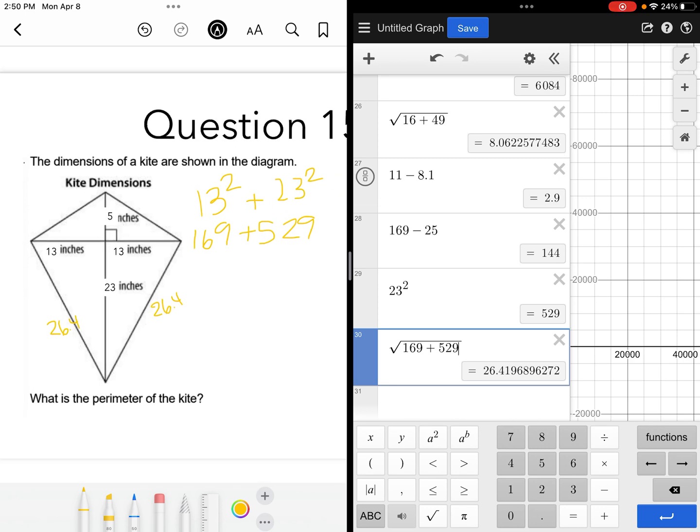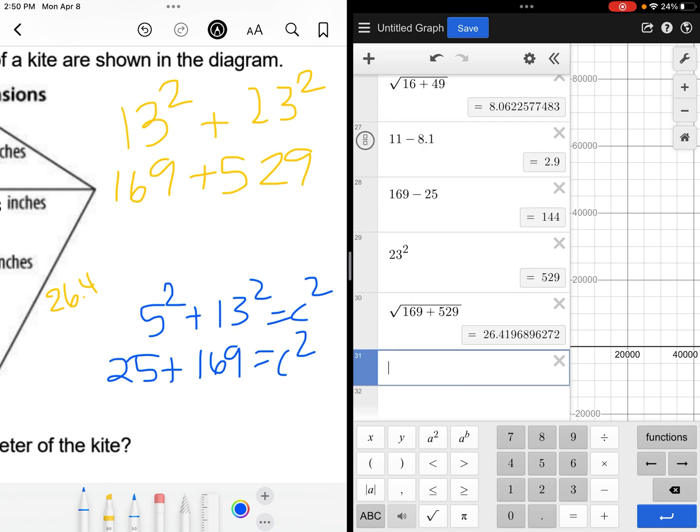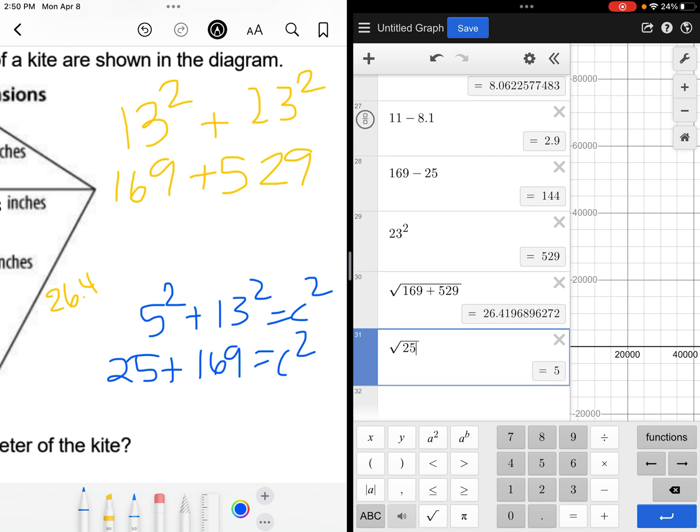Then I have to find the top parts. So I know I have 5 squared plus 13 squared equals c squared. 25 plus 169 equals c squared. I get 13.9.